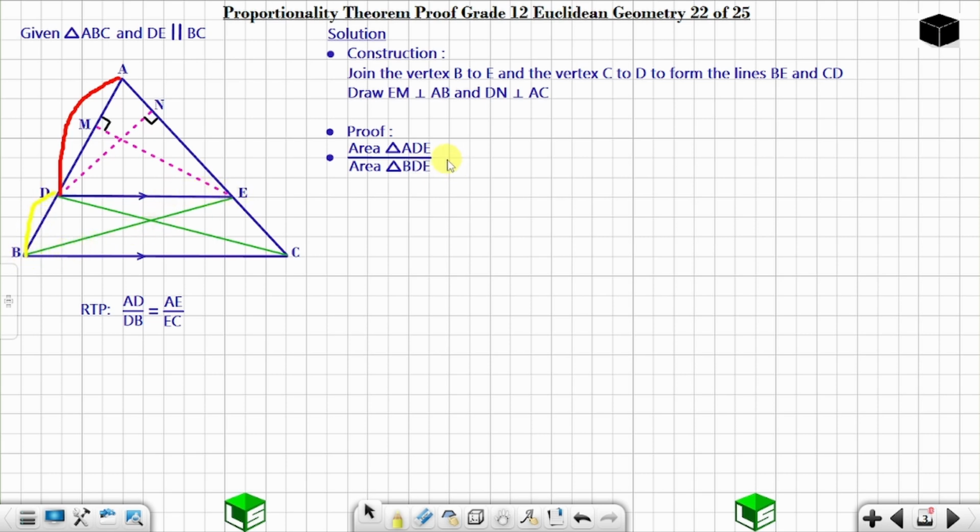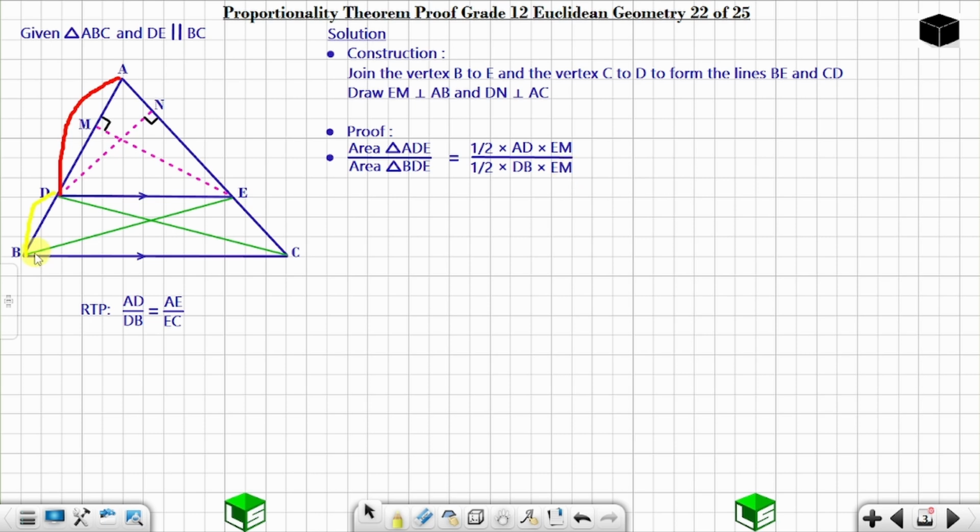The area of this triangle is equal to a half times base, the base is AD, times the height EM, over the area of this triangle, which is a half times the base, which is DB, times the height EM.